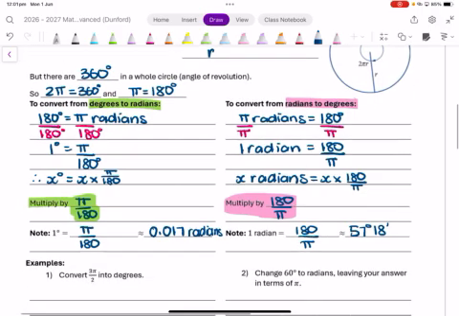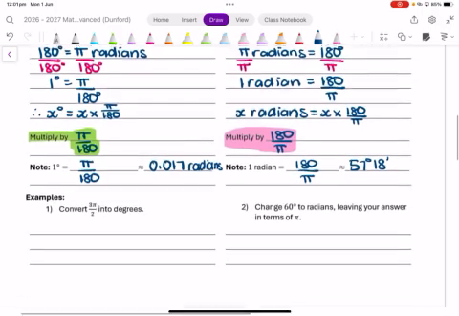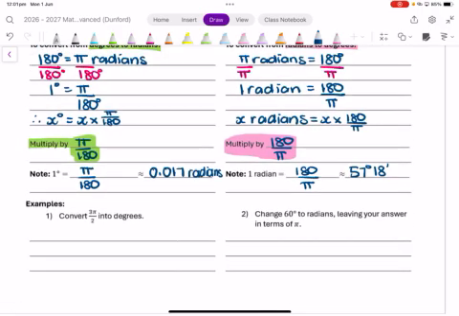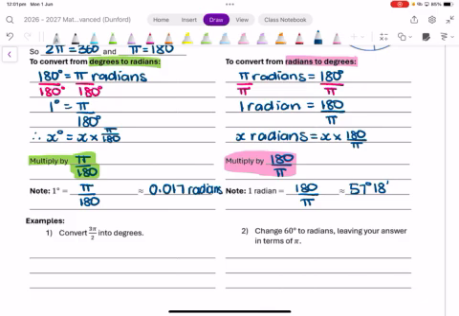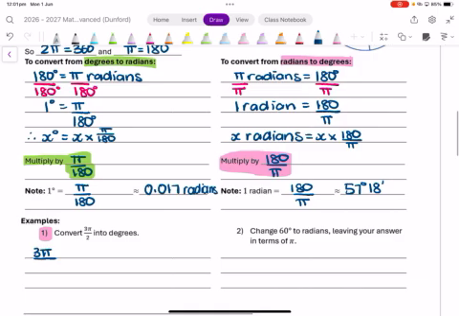Okay, let's have a little look at some of the examples. So the first example, what we want to do is convert 3 pi on 2 to degrees. So we're going from radians to degrees. So we're using this pink method, if that helps you. So what we'll have is we'll do 3 pi on 2, and we are multiplying by 180 on pi.